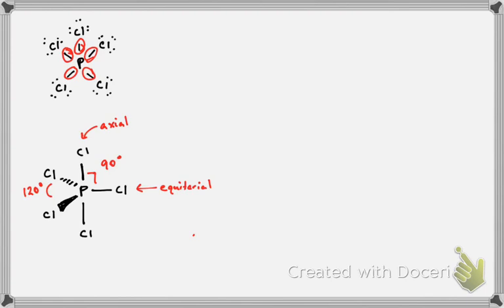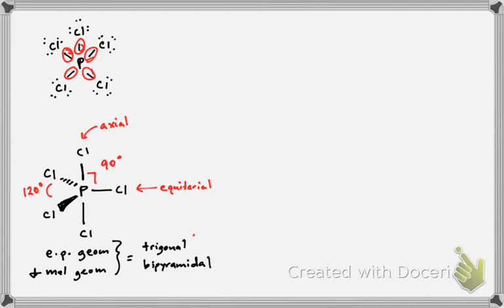Okay, in this case, we're going to say our electron pair geometry and our molecular geometry are the same, because we don't have any lone pairs. So they both are trigonal bipyramidal. You can think of 2 pyramids on top of each other, one going up and one going down.